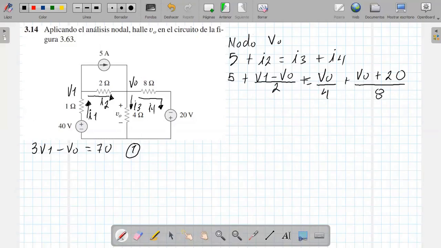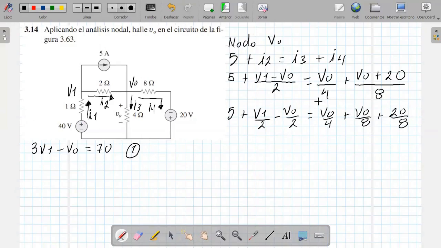I'm going to have 5 amps plus V1 over 2 minus V sub 0 over 2 equals V sub 0 over 4 plus V sub 0 over 8 plus 20 over 8. I'm going to pass all the variables over there and the constants over there.